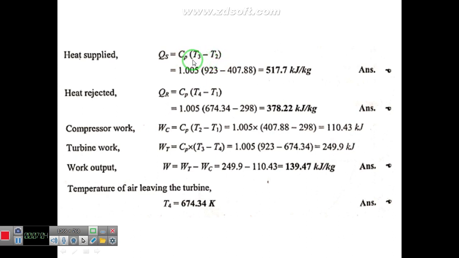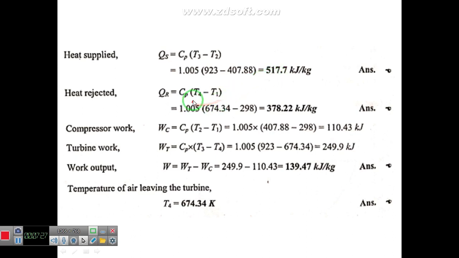The cp value is 1.005 into T3 minus T2. So the heat supplied value is 517.7 kilojoule per kilogram.